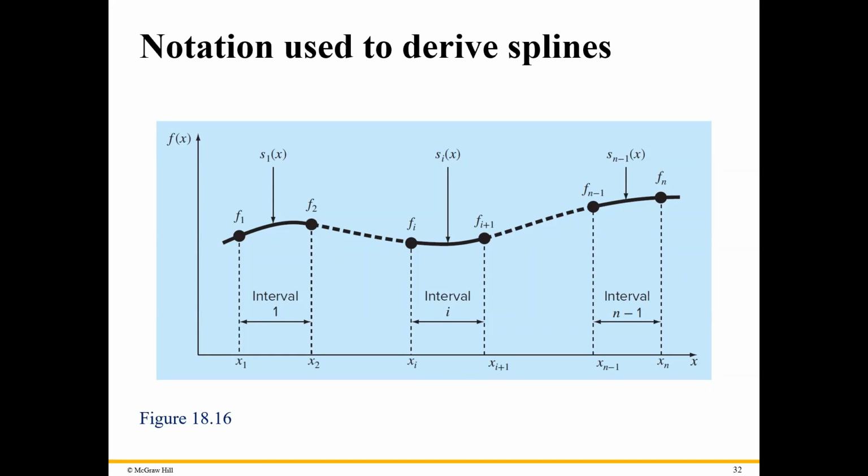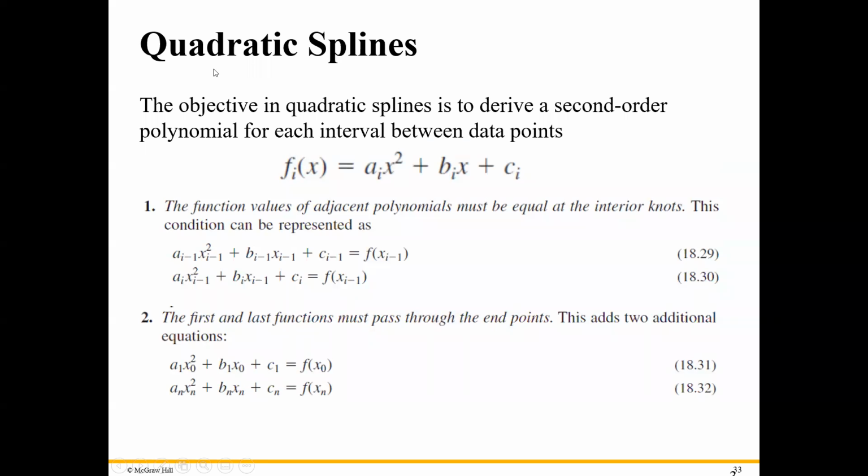So those equations will be represented by S1, S2, S3, and up to S n minus 1, etc. So this is the notation for the derivation of the splines. So first we will see the case of the quadratic spline.